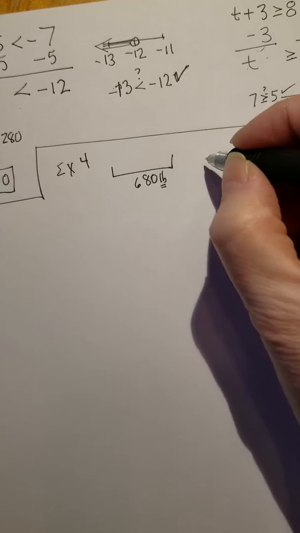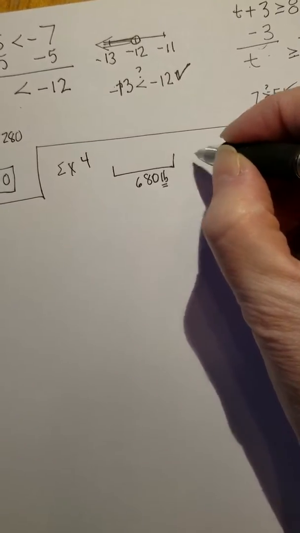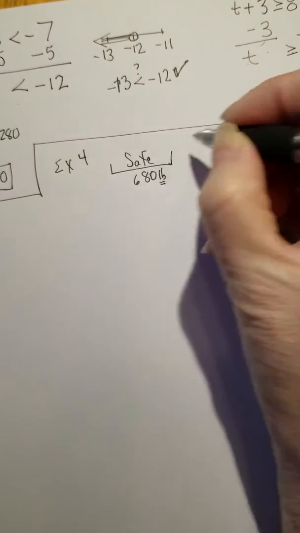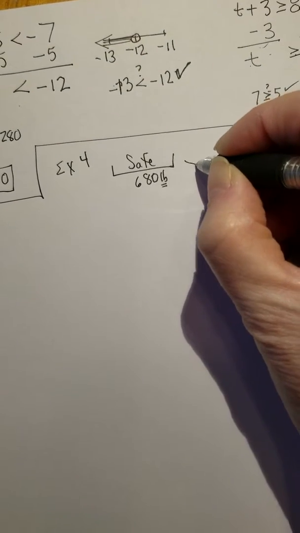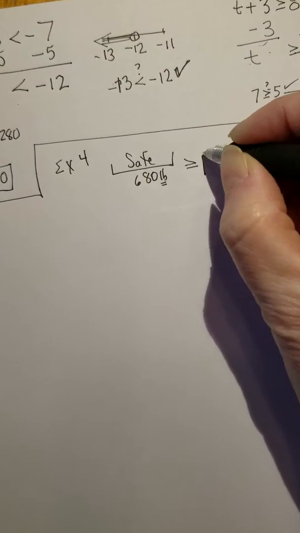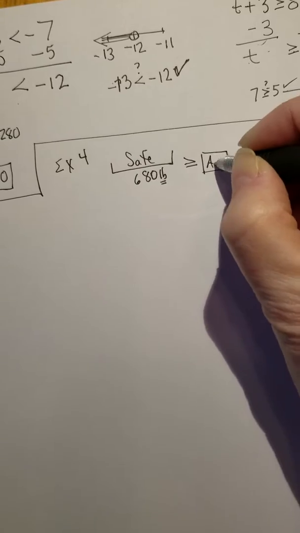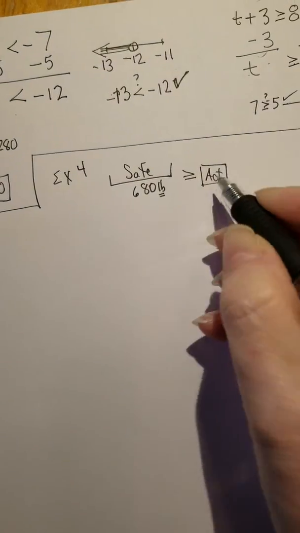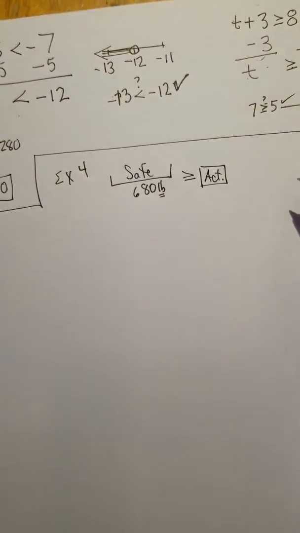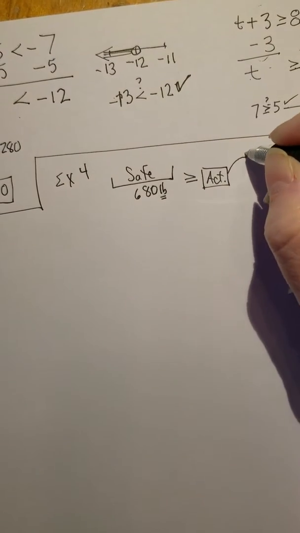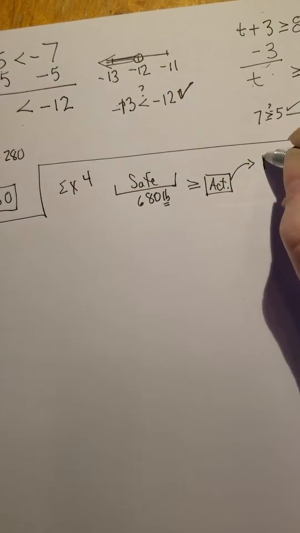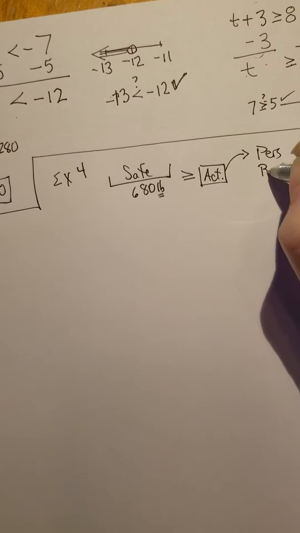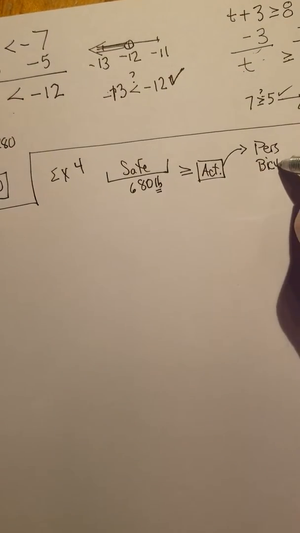That means that this is safe. I want to have my weight be less than or equal to it, because if I go over 680, then it's not safe. What am I actually carrying? I am carrying a person and a bicycle.